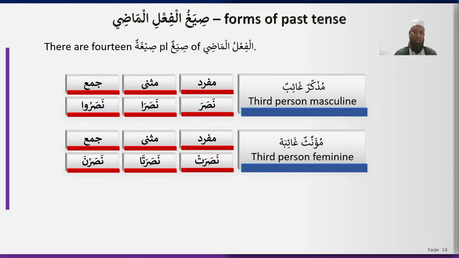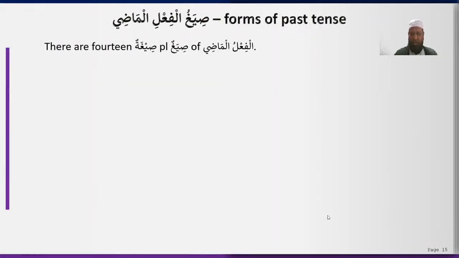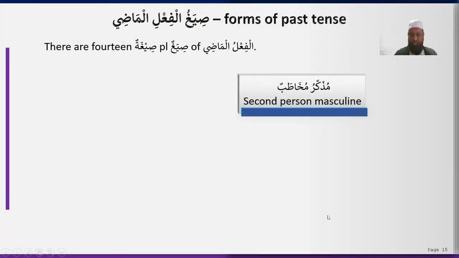So it will be mabni ala sukun. So these 6 sigas are for al-ghaib. Let's look at the al-mukhatab. Mudhakkar mukhatab first. Second person means you are addressing someone when you talk and you say the word you.